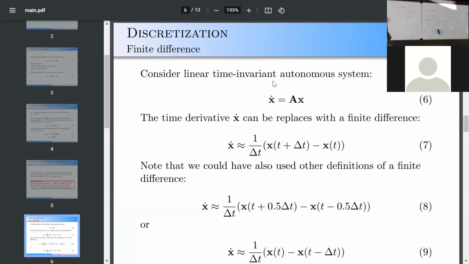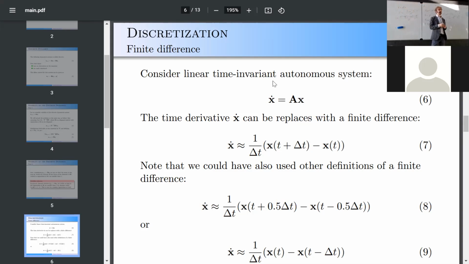If our function is not discretized yet, we can also do something like this. We can say x dot is equal to x of t plus 1/2 delta t minus x of t minus 1/2 delta t, divided by delta t.